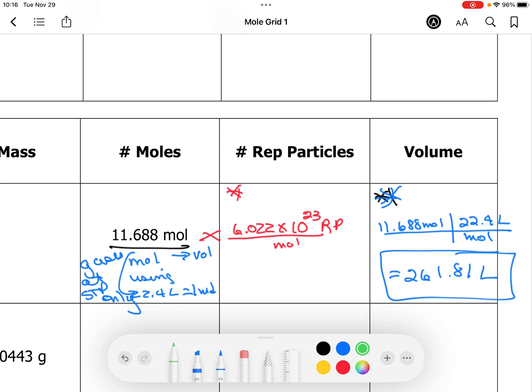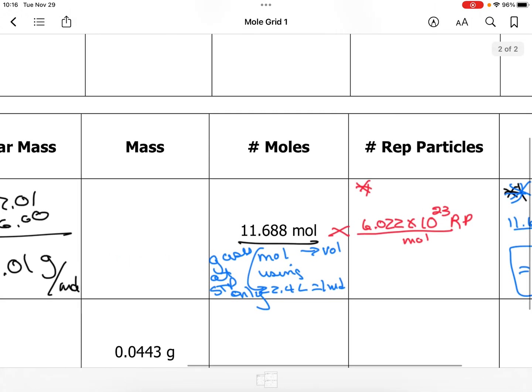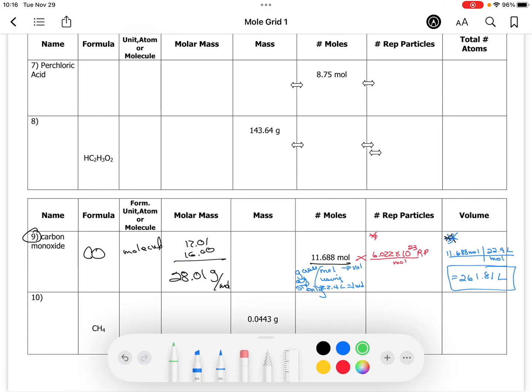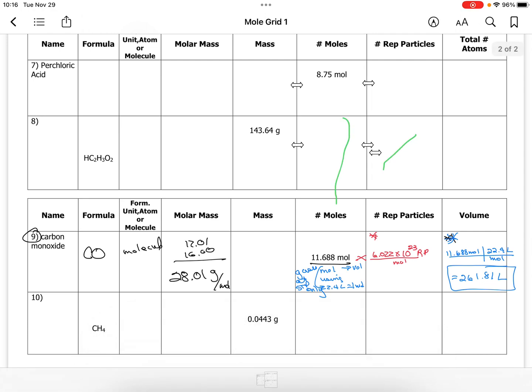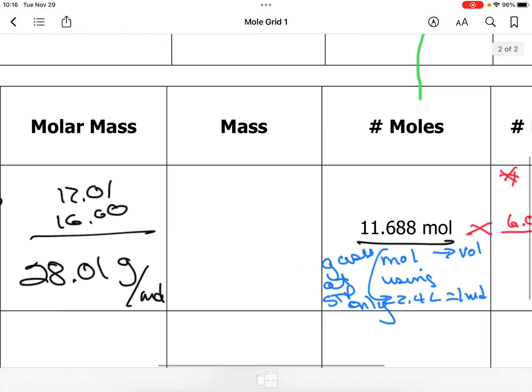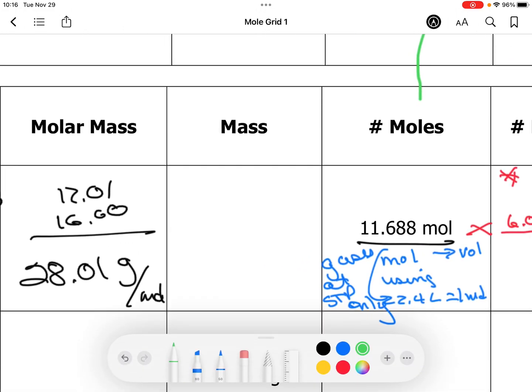And for mass, you're going to take 11.688 moles times 28.01 grams per mole.